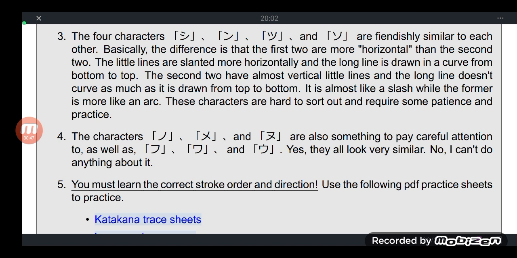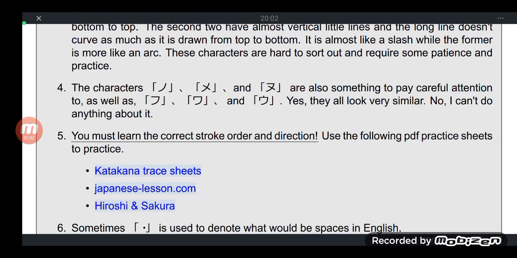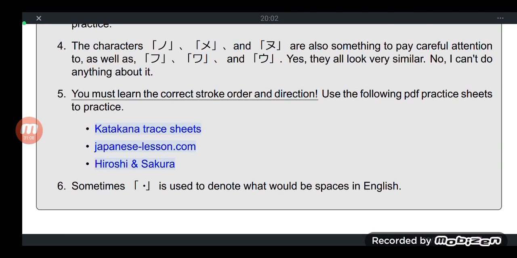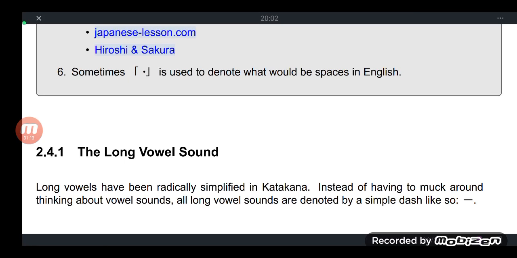Have you seen the similarity in strokes? In the u, 3 strokes. For the fu, 1 stroke, and for the wa, 2 strokes. They all look similar, but they're not actually the same. You must distinguish them, and you must learn all the stroke order and direction. Sometimes the dot is used to denote what would be spaces in English.